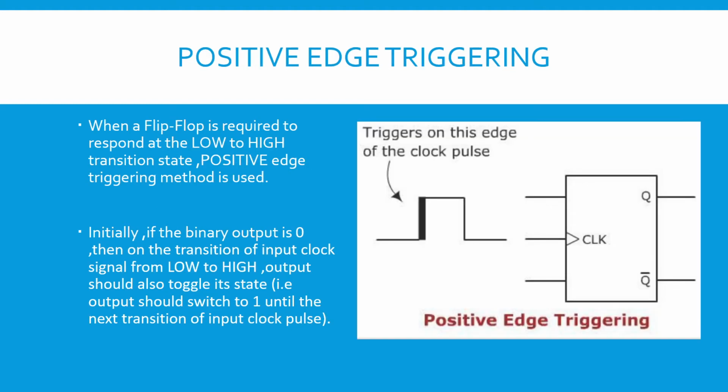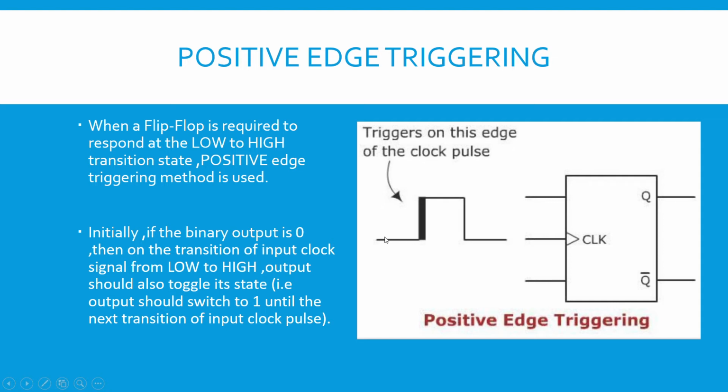So let's see what positive edge triggering is. In the question we have been given a positive edge triggered counter, so we have to see what positive edge triggering is in counting. If a flip flop is responding on the low to high transition of the input clock signal, then we say that the counter is following the positive edge triggering method.